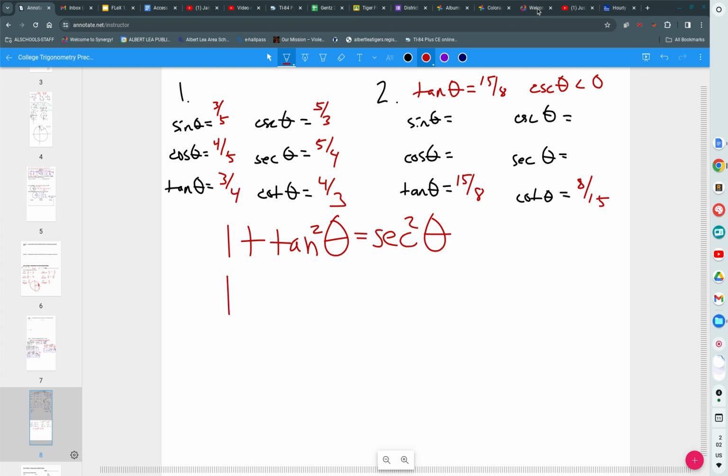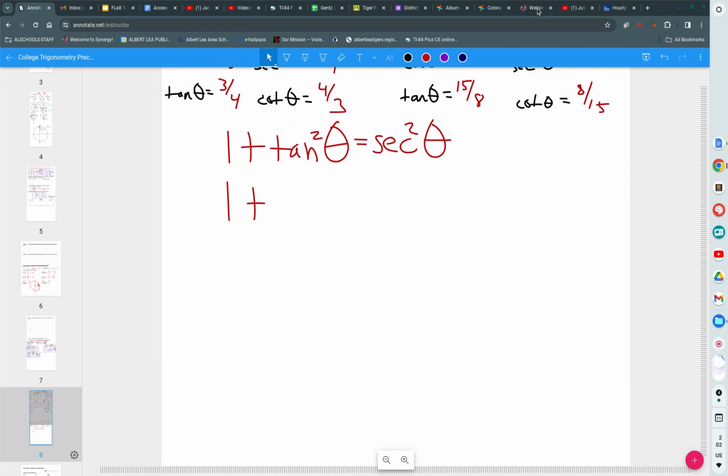I have 1 plus, I got to square 15 over 8. 15 squared is 225, and 8 squared is 64, is equal to secant squared. So in my work, sometimes what I do instead of rewriting, I just cross off this 1 and write 64 over 64.